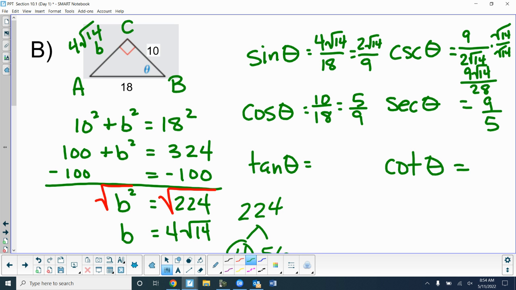Opposite over adjacent: 4 radical 14 over 10, right? Does that reduce? To 2 radical 14 over 5. What's cotangent going to be then? 5 over 2 radical 14.